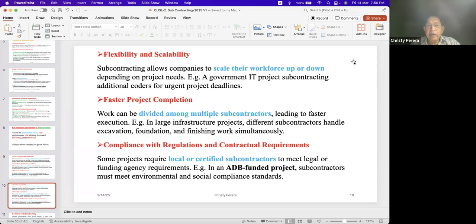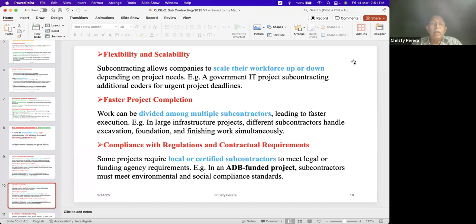I will tell you limitations later. Work can be divided among multiple subcontractors, not only one subcontractor. Multiple subcontractors lead to faster execution, to speed up the execution.